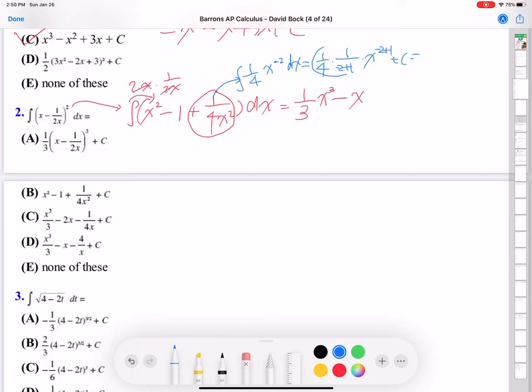So this part is negative 1 over 4. This part is x to the negative first, which is 1 over x. So minus 1 over 4x plus c. So what is the answer?